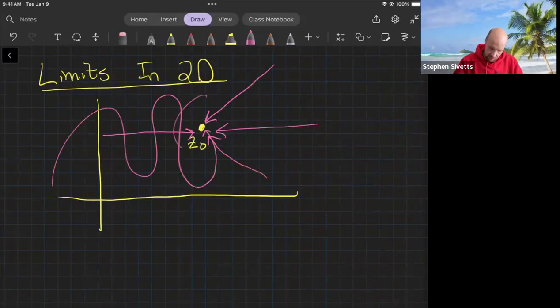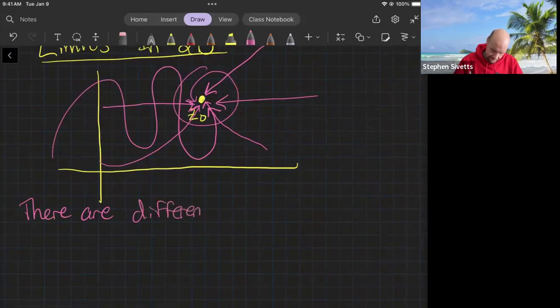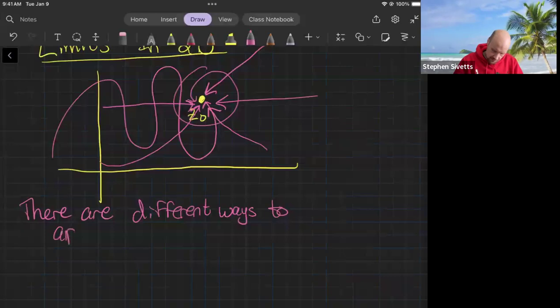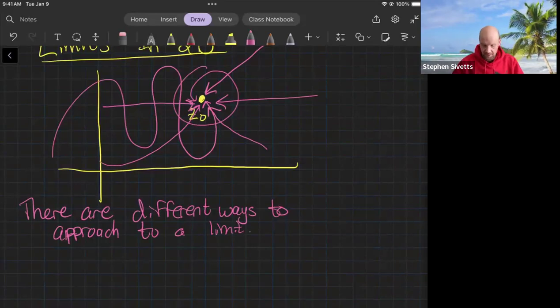We can do a spiral. We can approach it along some exponential. So in other words, there are different ways to approach a limit. And the possibilities are limitless, literally.